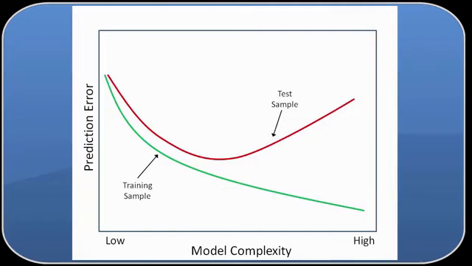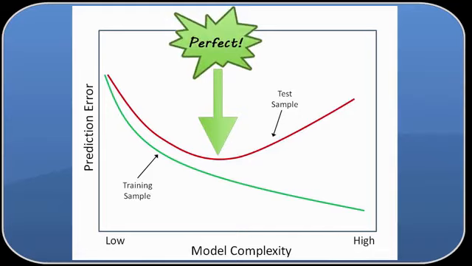However, you can see that there's a point at which an overfitted or increasingly complex model will actually increase the test error rate. In this situation, a model that is overfitted on the training sample leads to a low error rate in the training sample at the cost of fitting poorly in the test data set. The ideal model complexity is where the test error rate bottoms out. The model at this point will have low bias and low variance, both of which will provide the lowest possible test error rate.